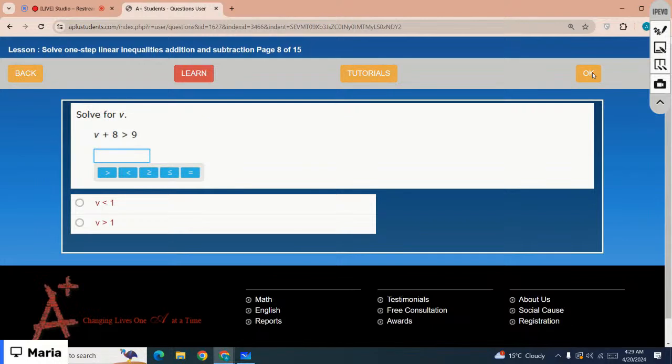Solve for V, which is the correct option. Yes, V is greater than 1, option number 2 is the correct option.